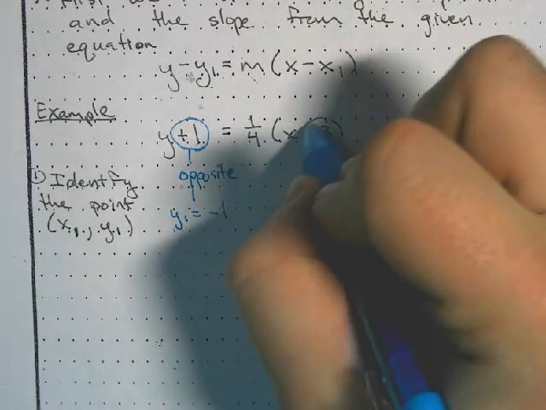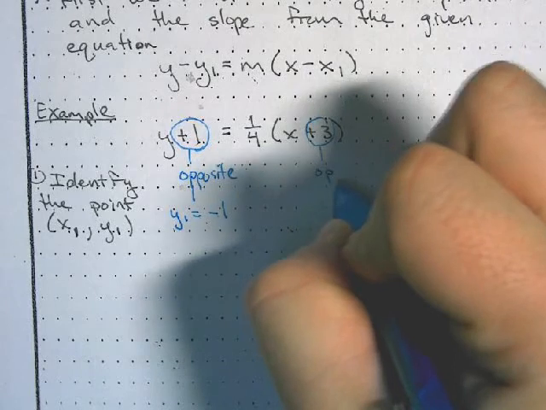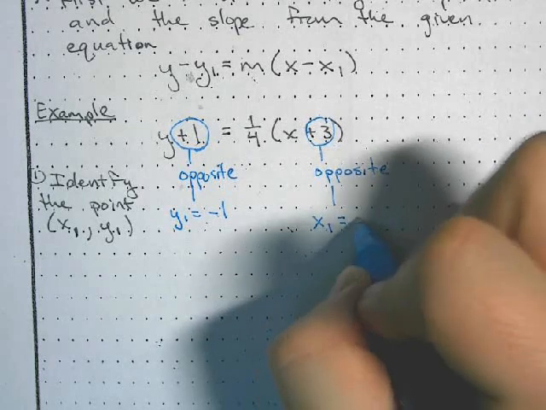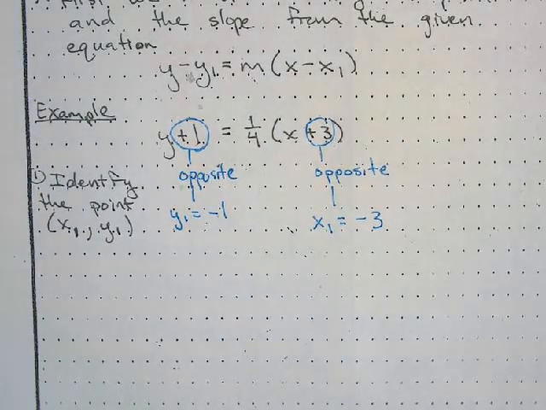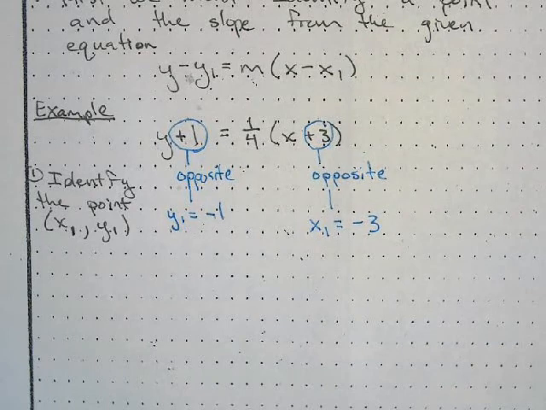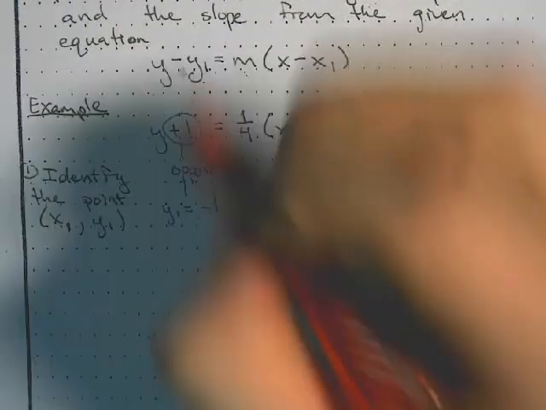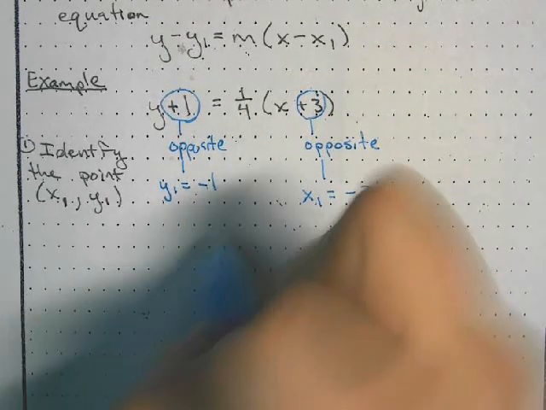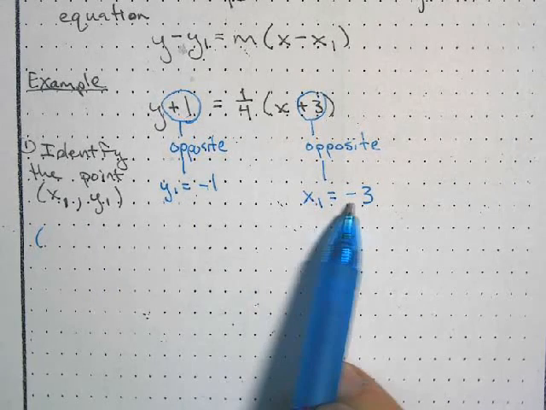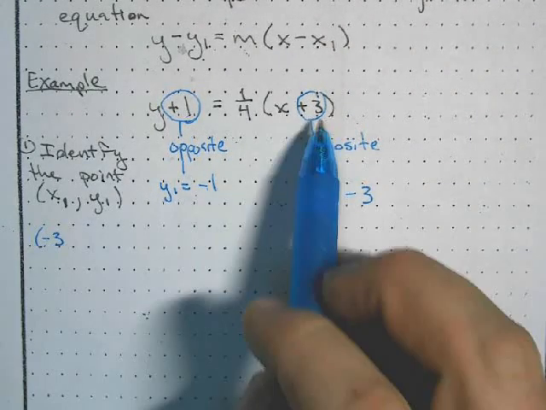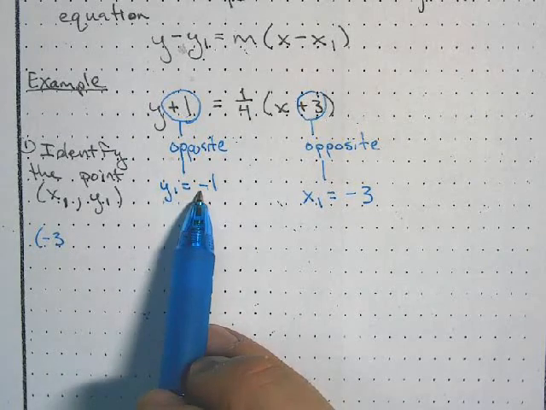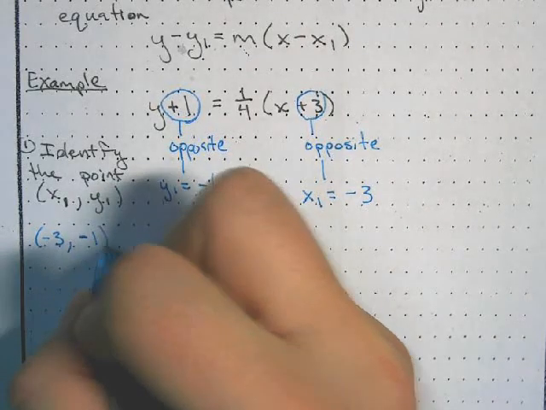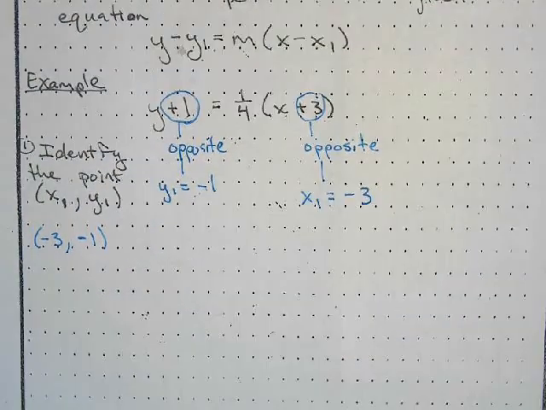We do the same thing right here and find its opposite. This will be my x1, so my x1 equals -3. So that's our point: x1 is -3, the opposite of what we see here, and y1 is -1, the opposite of what I see here. So I identified my point, -3 comma -1.